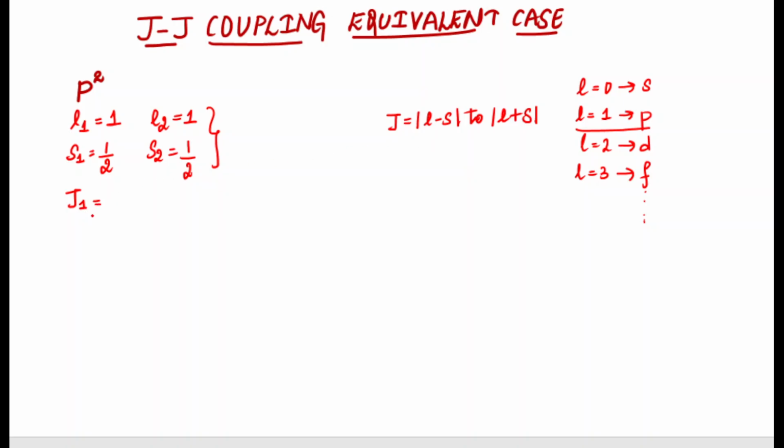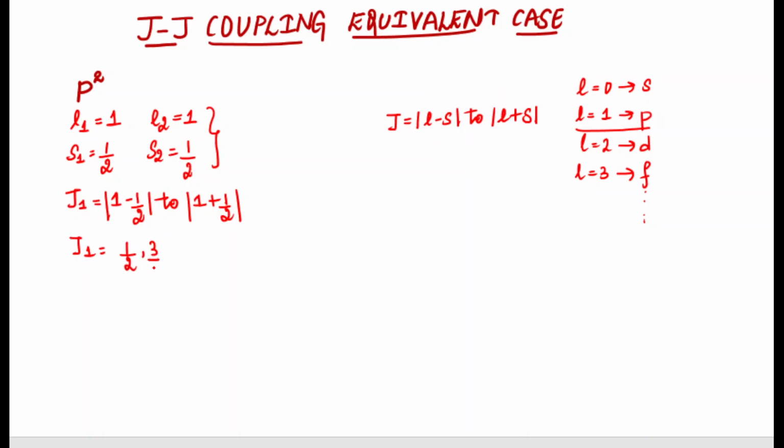So for J1, we have L minus S to L plus S, that is the magnitude of 1 minus half to 1 plus half. No negative values, it will always be positive. So the J1 values we get are 1 minus half is half, and 1 plus half is 3 by 2.